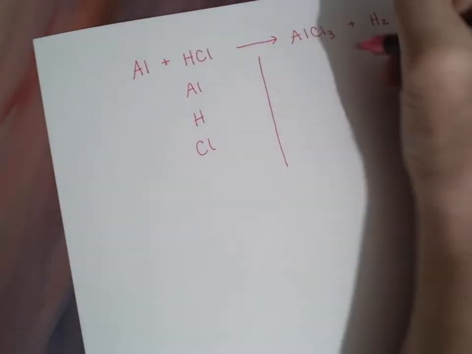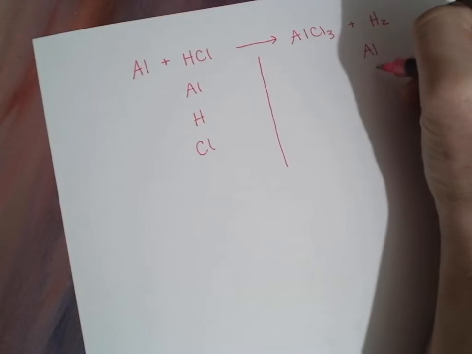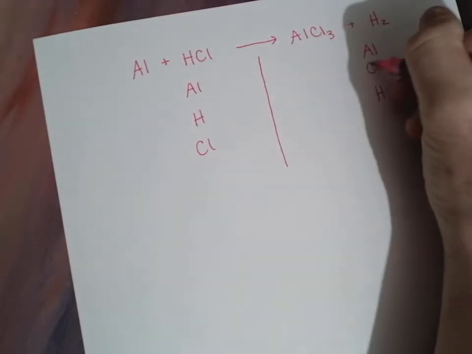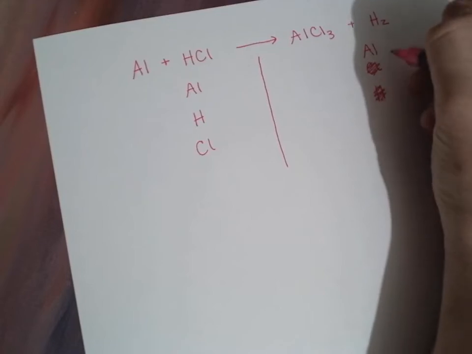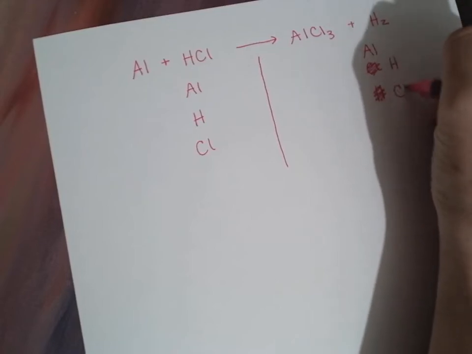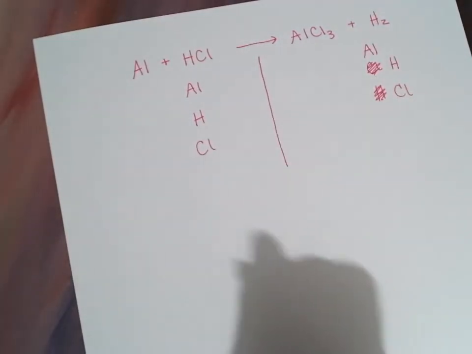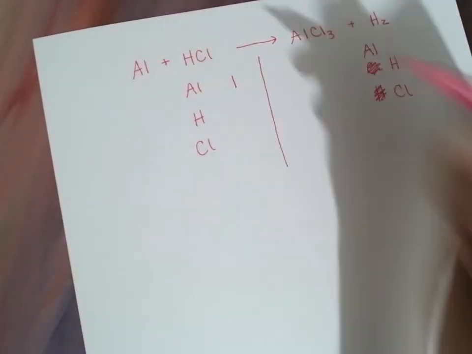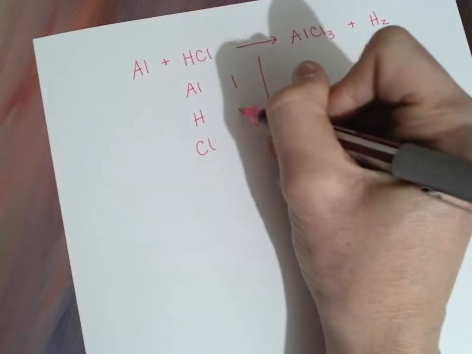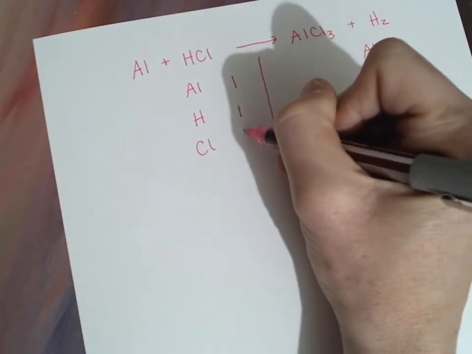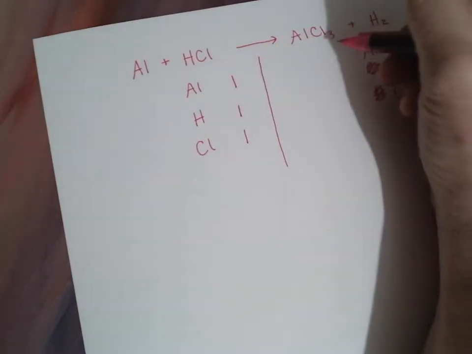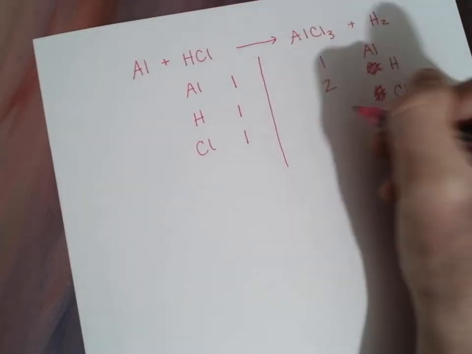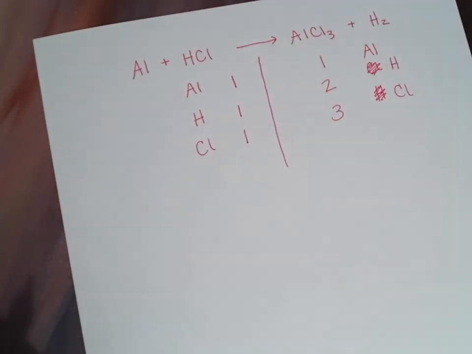There are 3. I should have done Al, H, and Cl. You want them to be the same on both sides so that you can compare. On this side, I have 1 atom of aluminum, 1 atom of hydrogen, and 1 atom of chlorine. Over here, I have 1, 2, and 3.